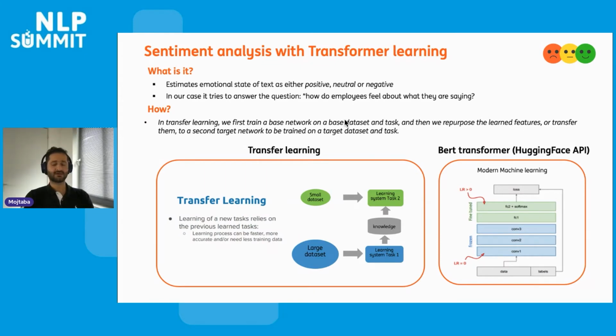And as you can see in the architecture, all those lower level layers are frozen, but we basically fine tune the top layers for our data set. That's how we managed to get the best performance from our sentiment analysis, where we were happy and the stakeholders were happy as well.